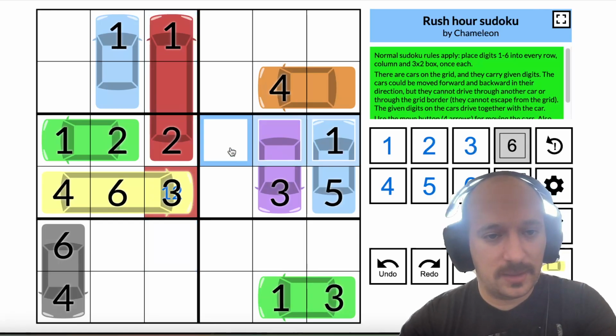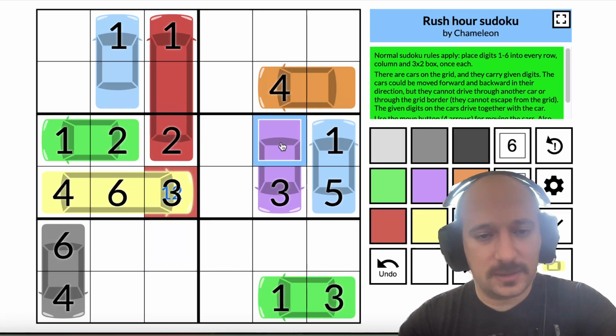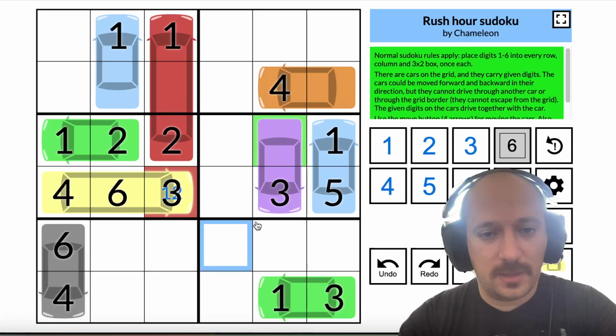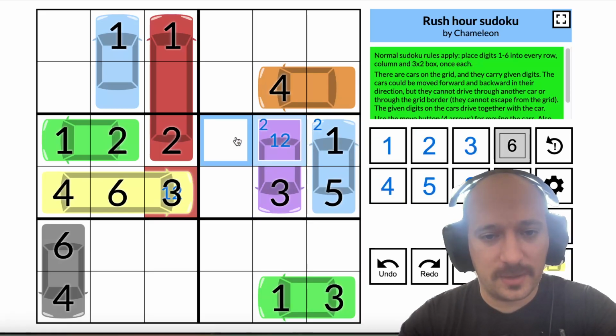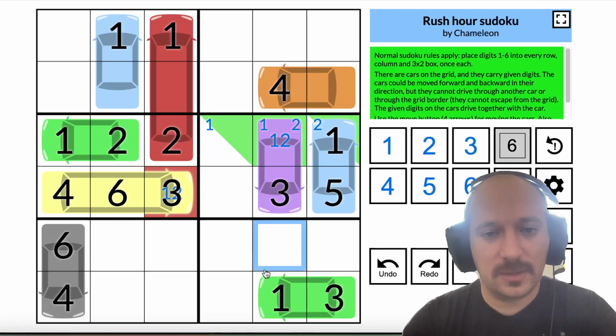So the green car is somewhere here, and we can mark it like that, and we know that green goes in one of these.